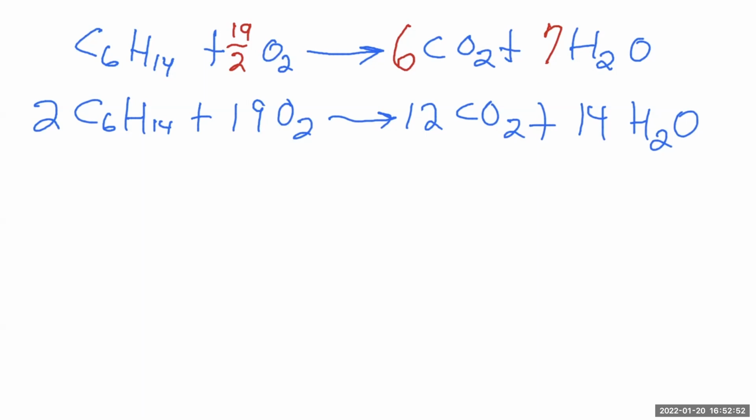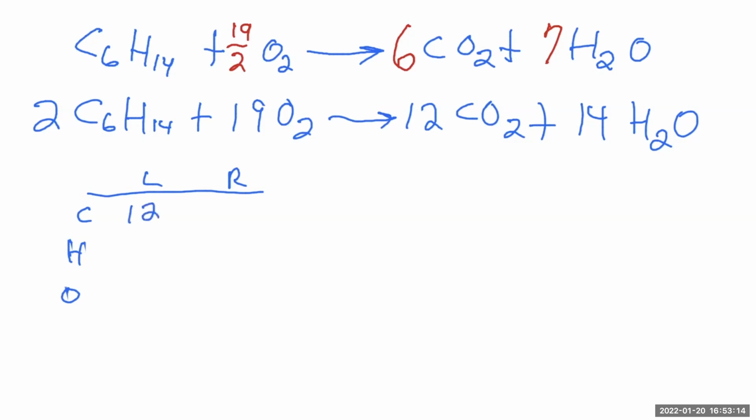And let's double check it. We have carbon, hydrogen, and oxygen on the left side and the right side. Carbon on the left is how many? There's 2 times 6, so 12.